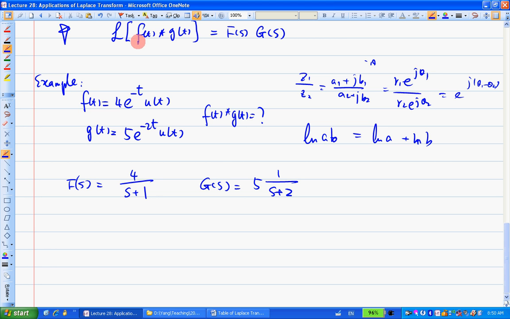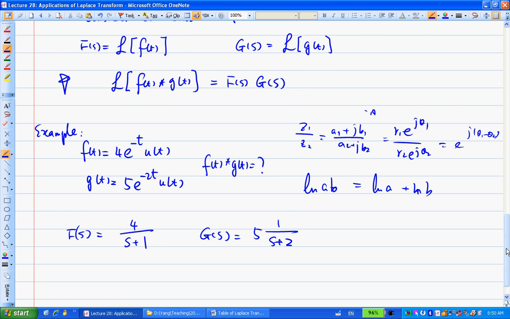Now if I look at this theory here, the convolution is basically the inverse Laplace of this F of s and G of s.